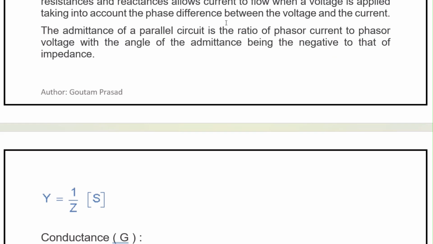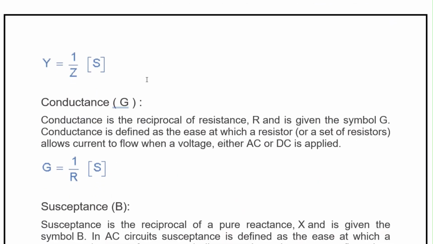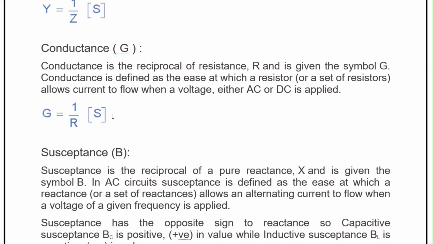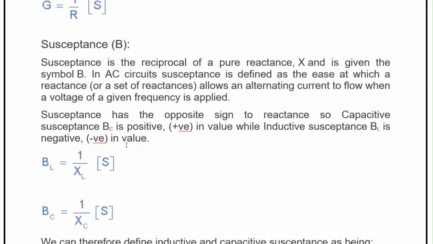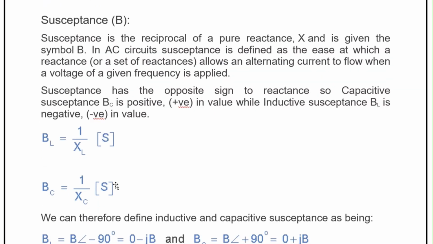The admittance of the parallel circuit is the ratio of the phasor current and the phasor voltage, with the angle of admittance being negative to that of the impedance. So Y equals 1 upon Z Siemens. Conductance G is 1 upon R Siemens. Susceptance BL is 1 upon XL Siemens.